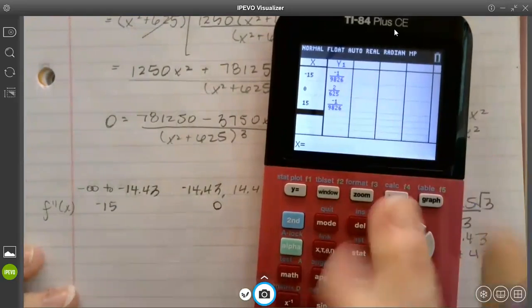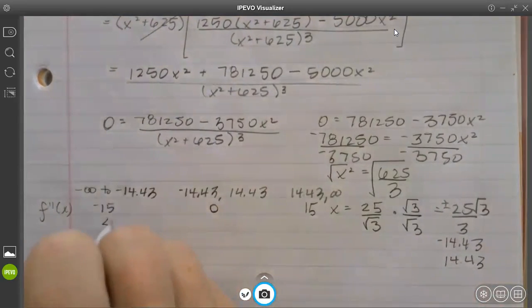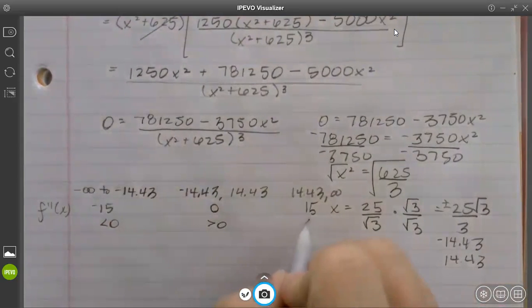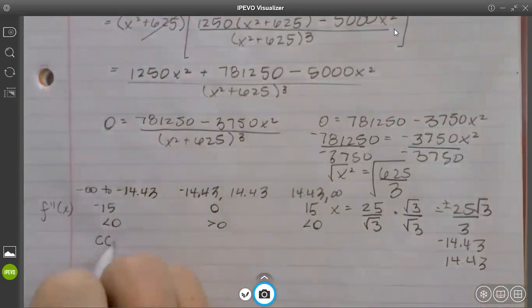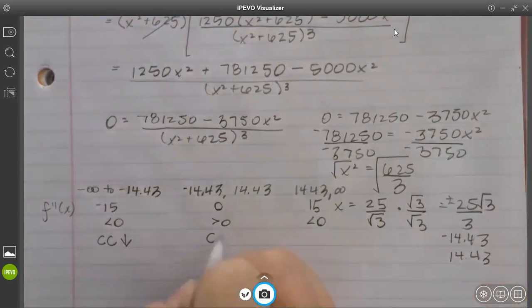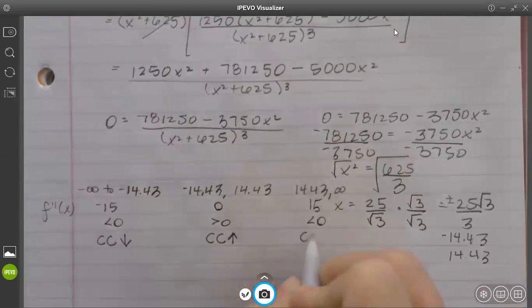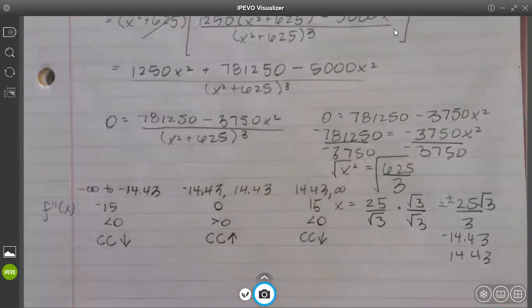Negative, positive, negative. So what does this mean? Okay, so we know our values are going to be either A or B because we have the 25 square root of 3 over 3.